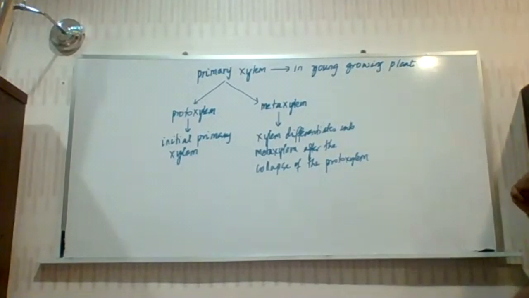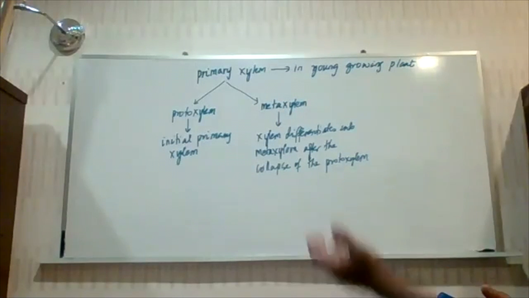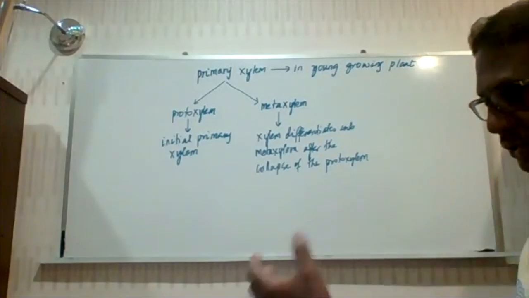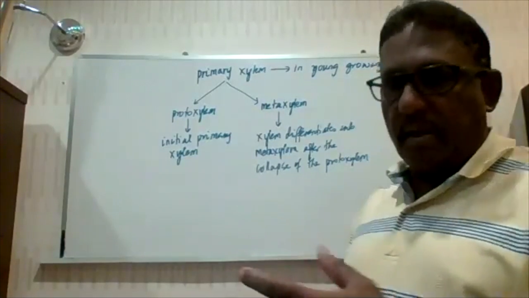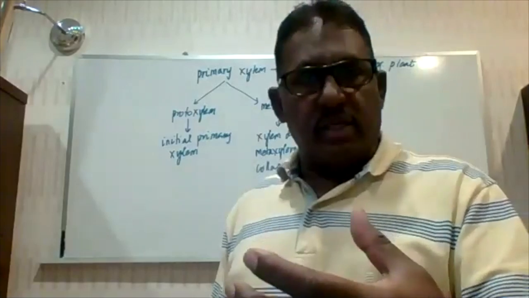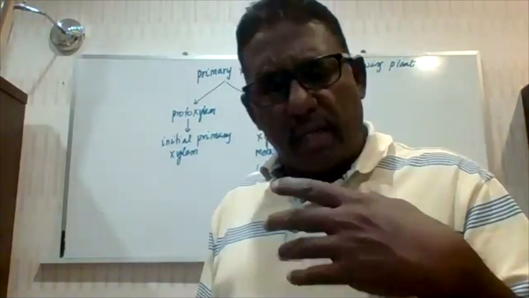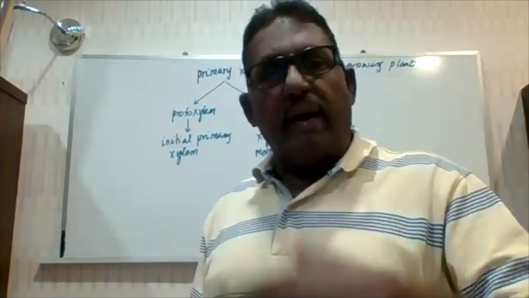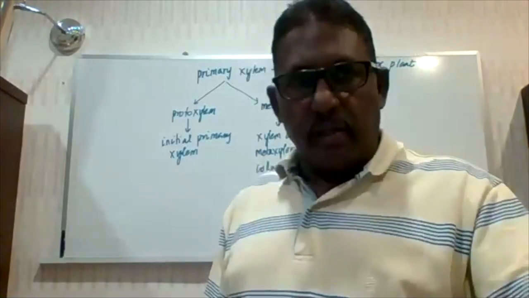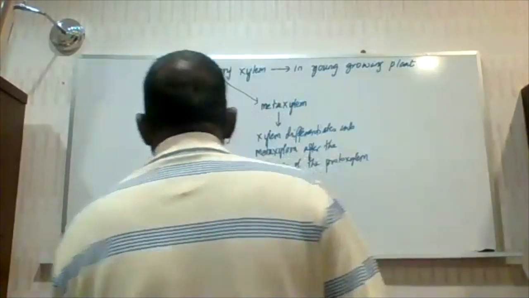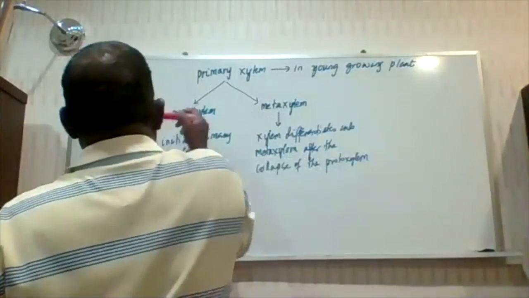Of course, this will be done so gradually that you won't even see the collapse and the formation of the metaxylem. But your chronology, the sequence of events, must be: protoxylem is formed first initially, after that is your metaxylem. All right, the metaxylem is formed. Now in metaxylem there is lignification.